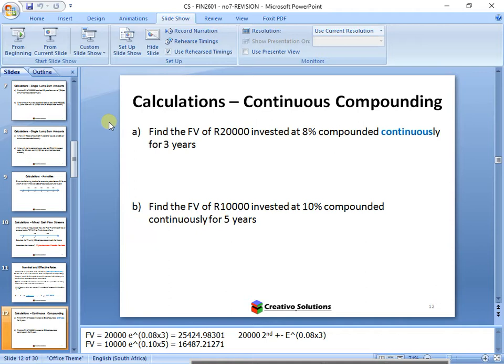I got 6487. Okay, are you happy with both? No, I got 16487. 16487? Right. Or 2127.